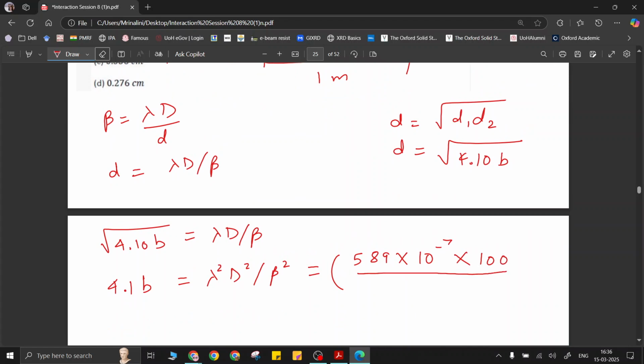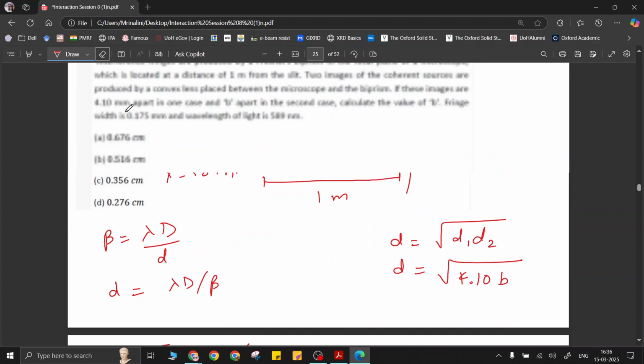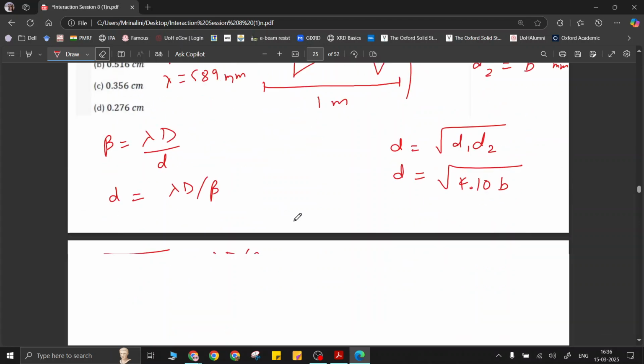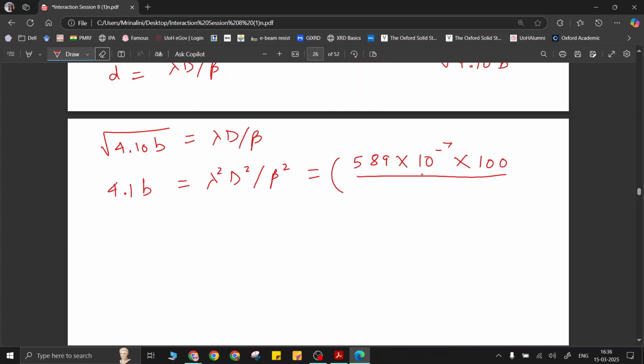Beta is given as 0.175 millimeter. If I put it into centimeter, it will be 10 to the power minus 1 centimeter. Millimeter to centimeter, when I convert, it will be 10 to the power minus 1. And then we have to take the square of all this.